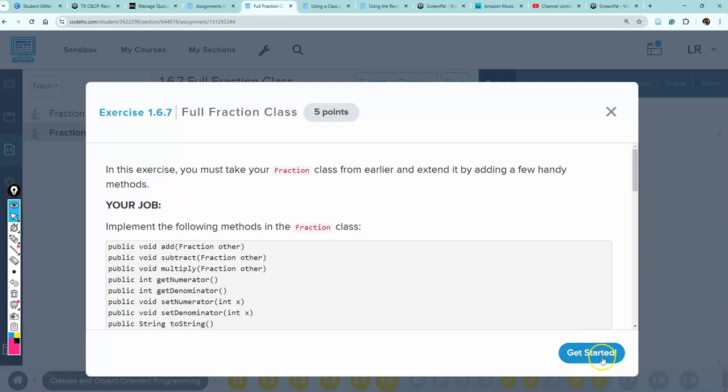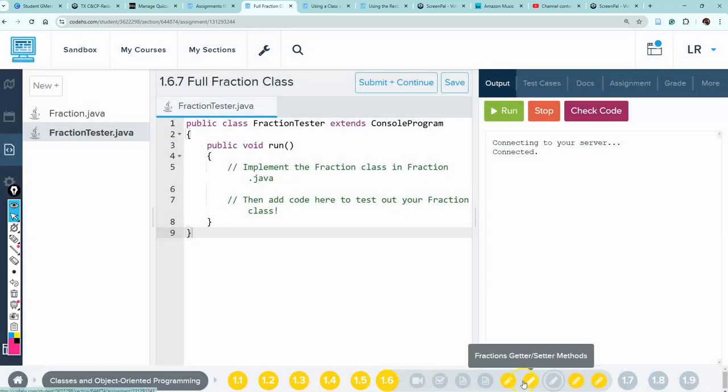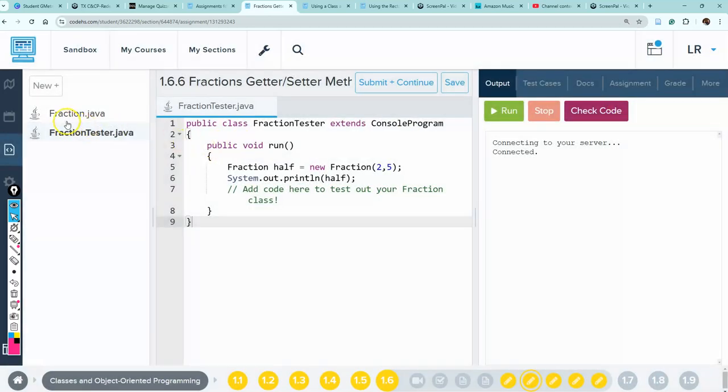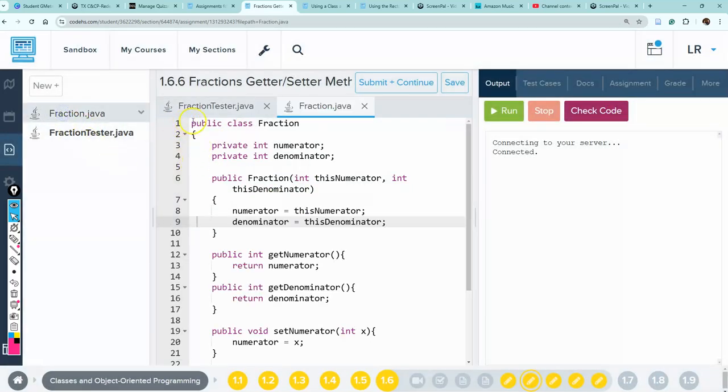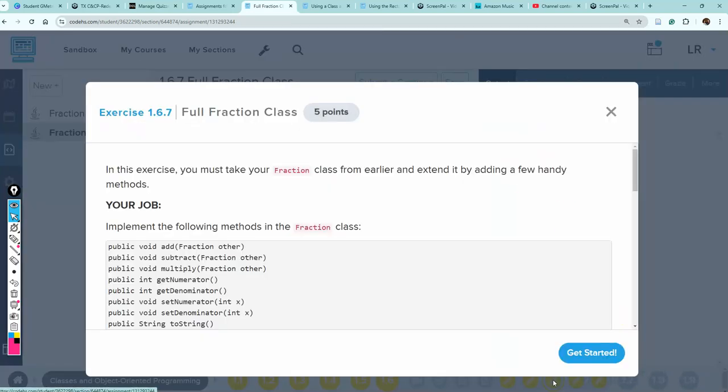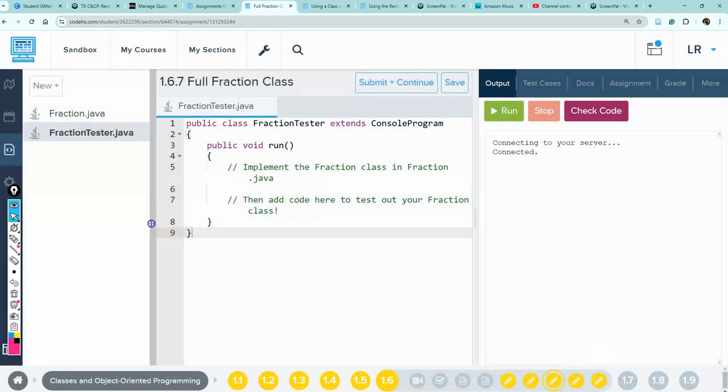So I'm going to click on Get Started, but I'm also going to go back to my previous class and copy my fraction class. I'm going to copy my whole fraction class, Control A, Control C, and then get back into my full fraction class and say Get Started.